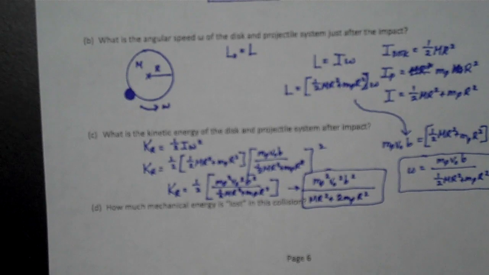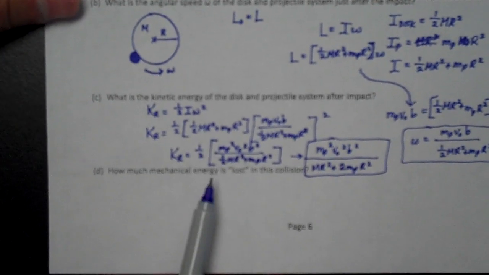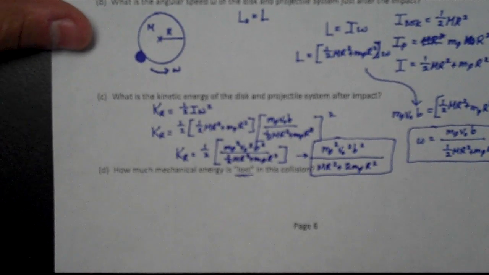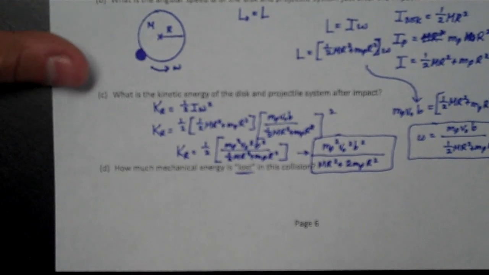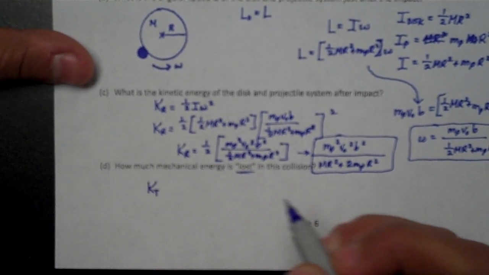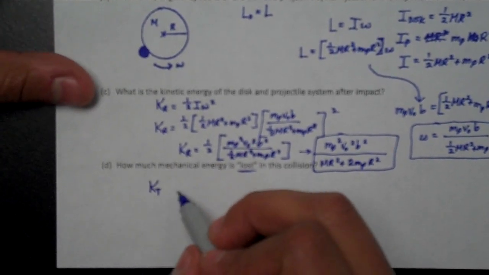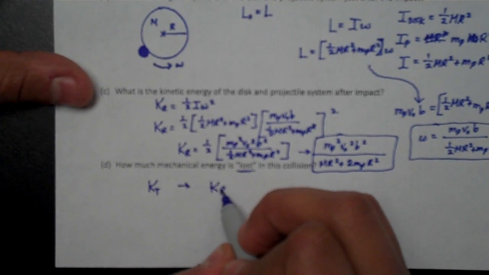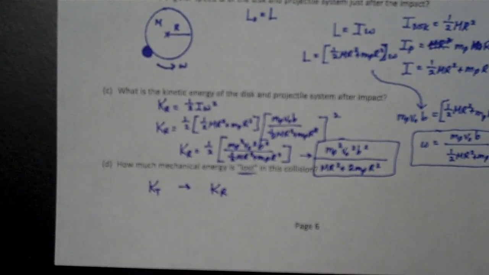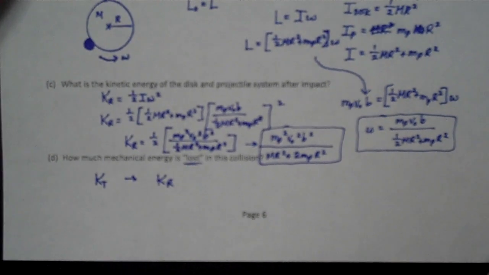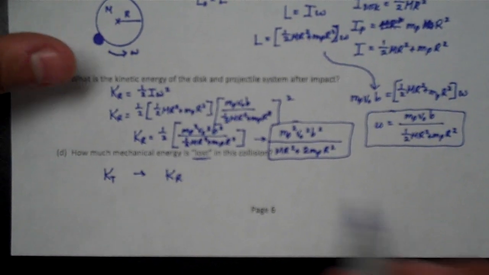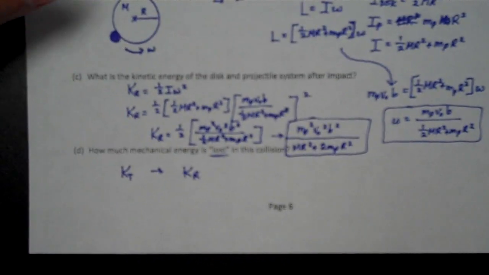And it's all rotational. So then in this last question, it asks me how much is lost. Well, what I have at the beginning is some translational kinetic energy, and then at the end, that goes to a rotational kinetic energy, and some energy is lost in this collision because it's not a perfectly elastic collision. So what I need to figure out is how much of that is lost.